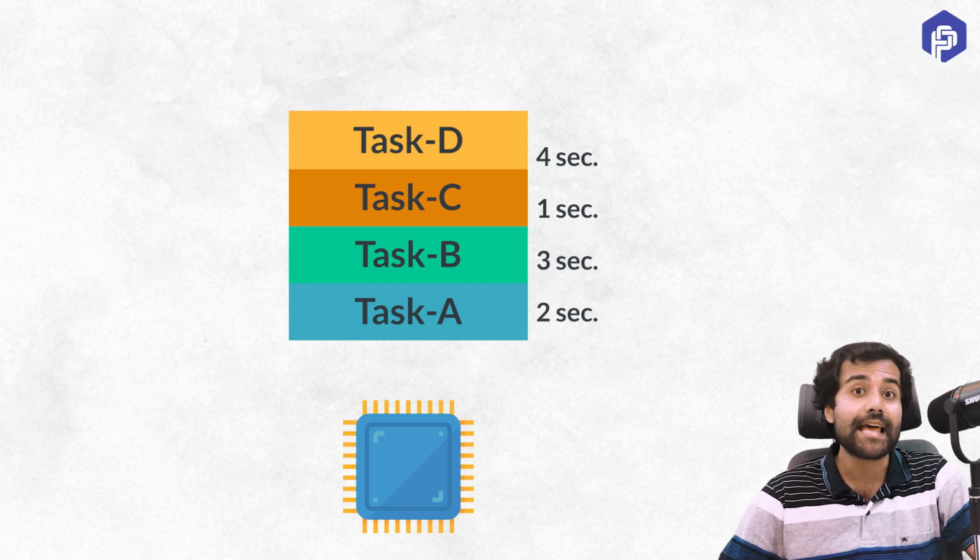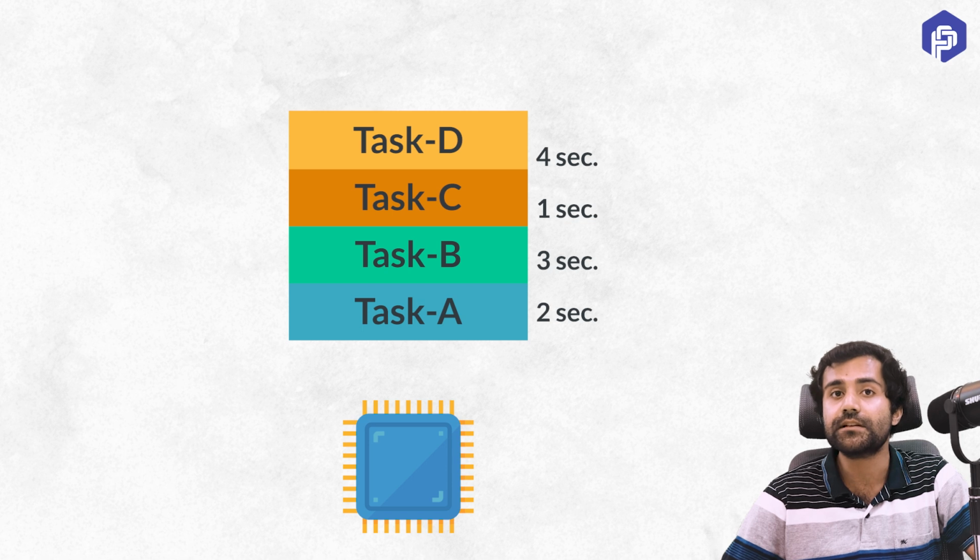So do you see what is happening? There is just one worker. There is only one processor. But there are multiple tasks and all of them are happening concurrently. Why they are happening concurrently is because we are allotting different chunks of time to all of them.